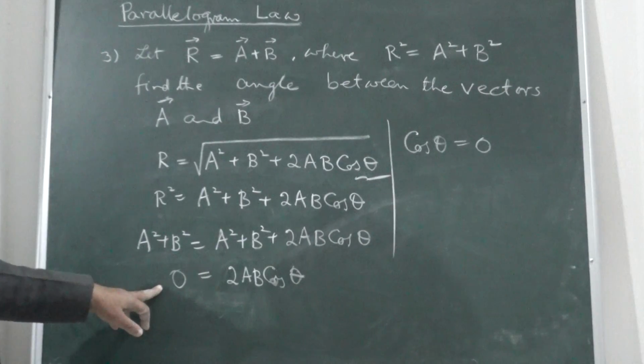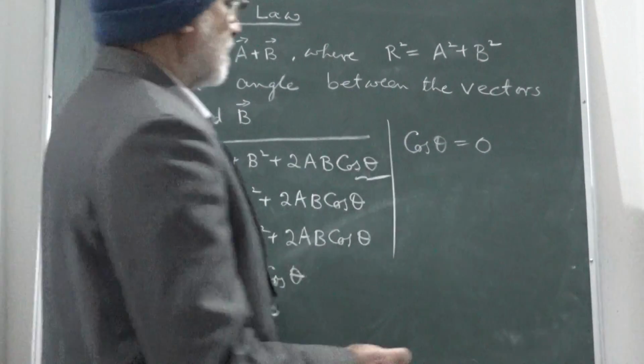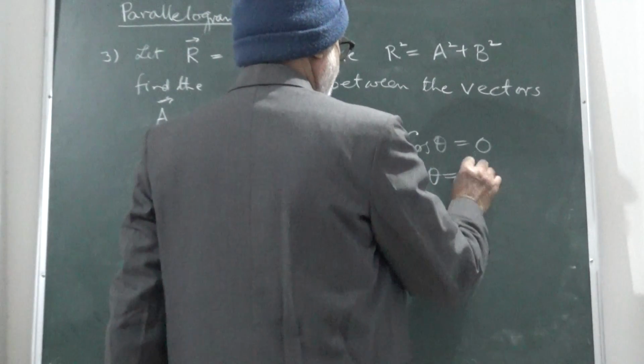This side we have 0, equal to 2AB cos theta. Divide this, so cos theta is 0, and it means theta is 90 degree.